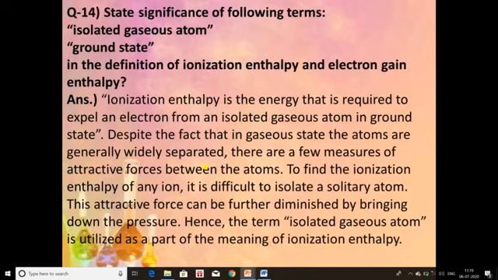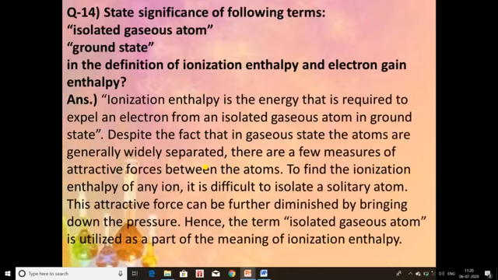Next question, question number 14, states: significance of the following terms, isolated gaseous atom and ground state, in the definition of ionization enthalpy and electron gain enthalpy. Ionization enthalpy is the energy required to expel or remove an electron from an isolated gaseous atom in the ground state. Although in the gaseous state the atoms are generally widely separated, there are a few measures of attractive forces between the atoms.